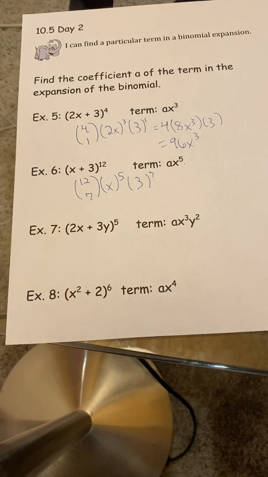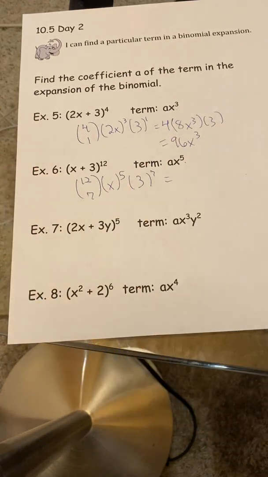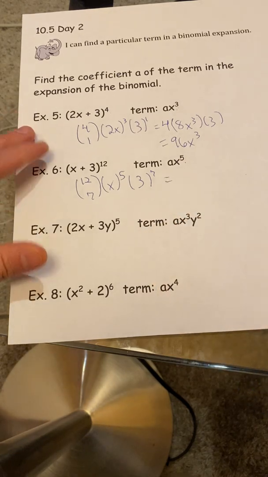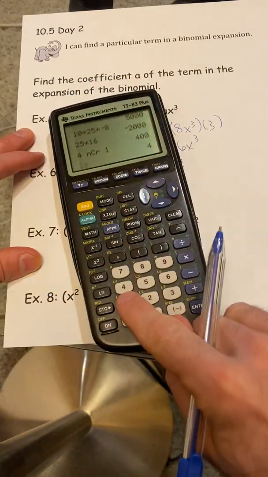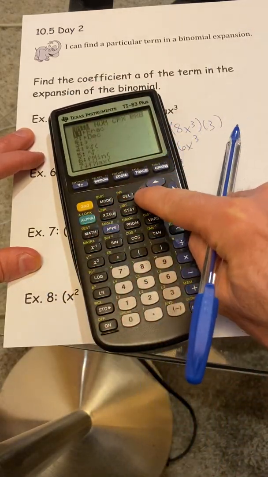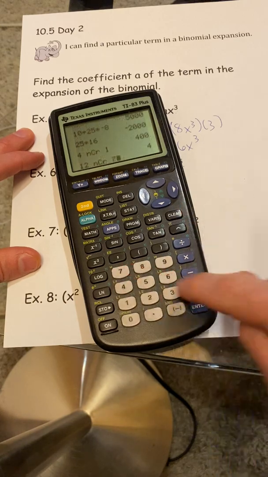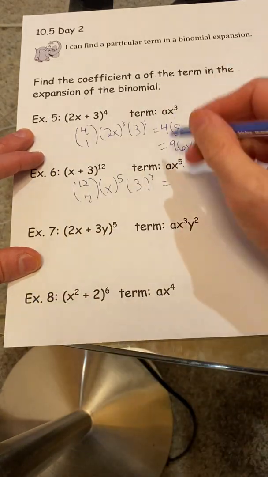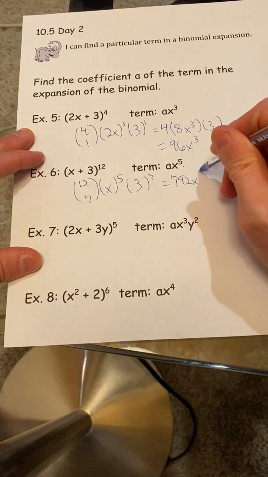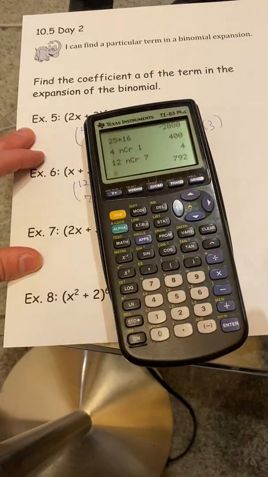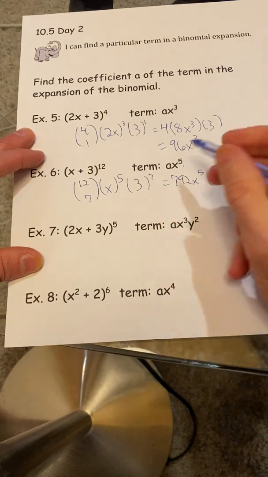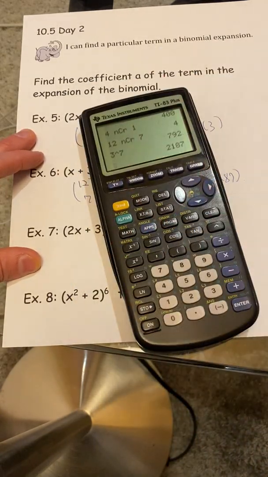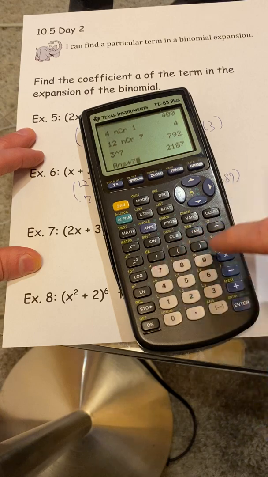From here, how you go about doing this, we'll leave up to you as to just how specific you want things. But we're going to do 12c7. So enter in the 12, then 7, so that is 792. x to the 5th, and then 3 to the 7th is 2,187. And now we can just multiply those together, and that's going to be a very big number.